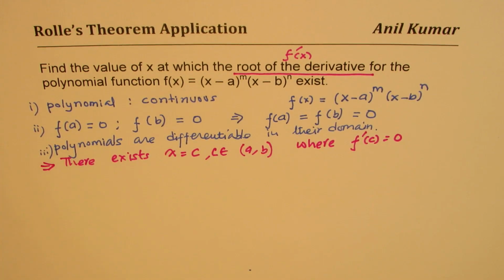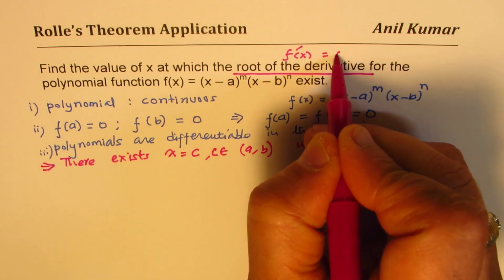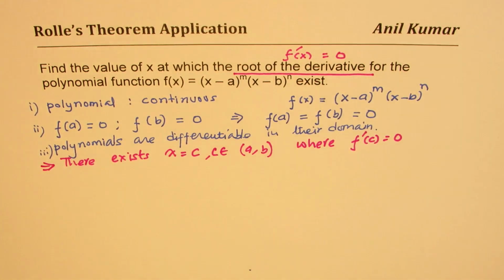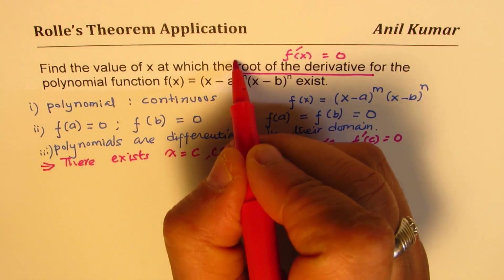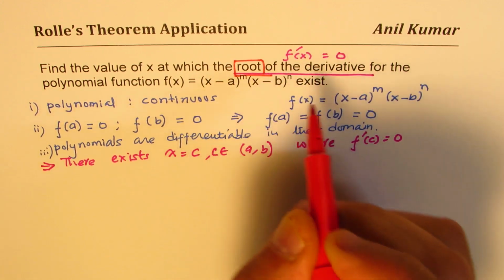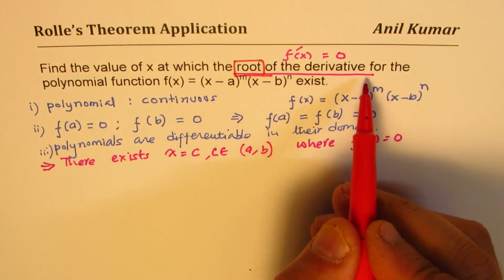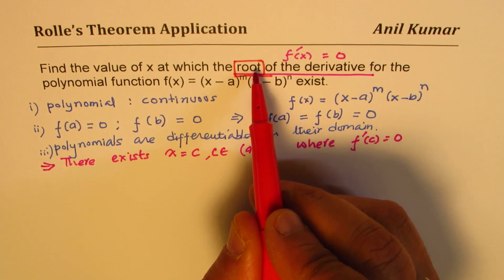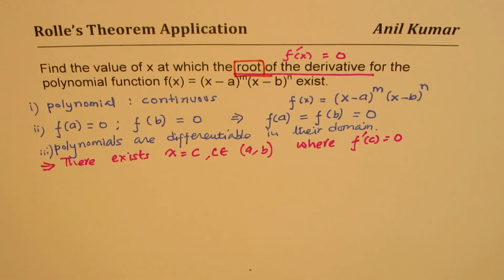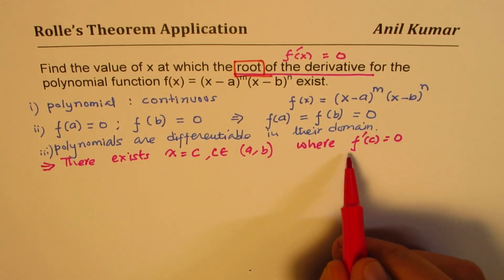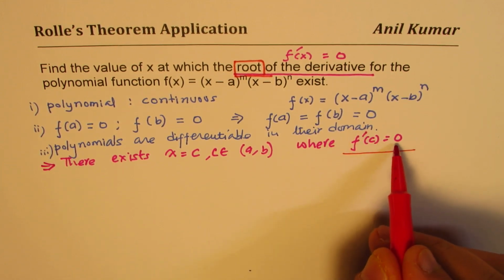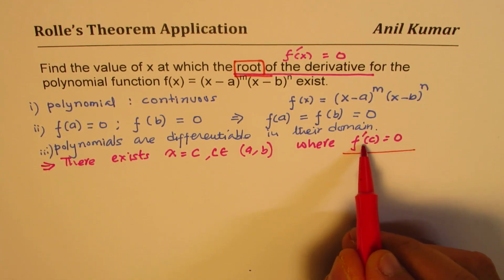Now when we say root of the derivative, it means f dash x exists, right? Now when we say root, it means that the derivative should be equal to 0. So the key word here is root of the derivative. So whatever the derivative function is, it has to be 0 somewhere in between, and that will be treated as its root. You get the idea.